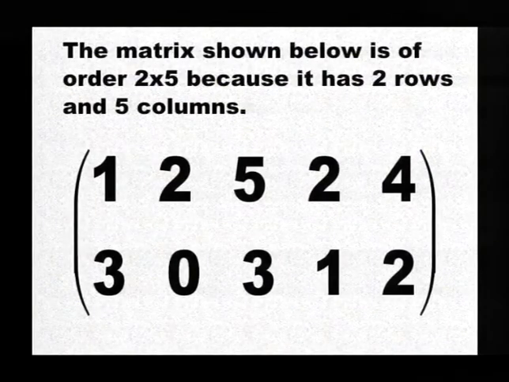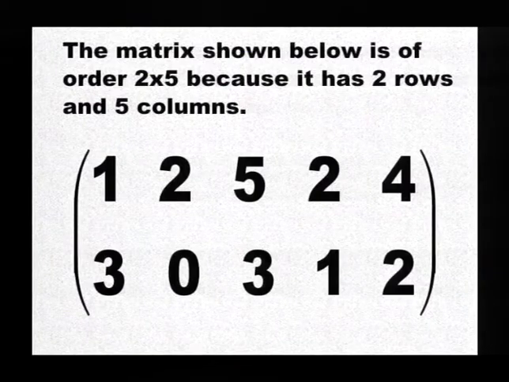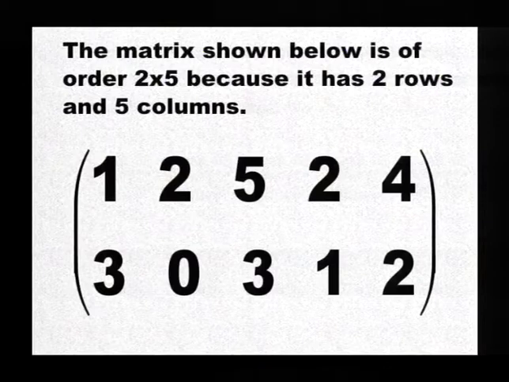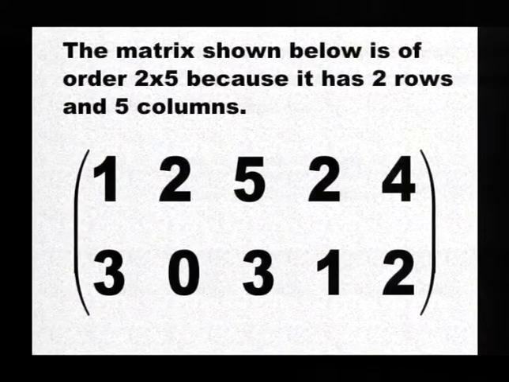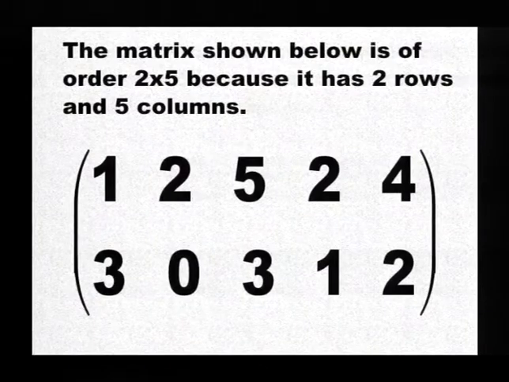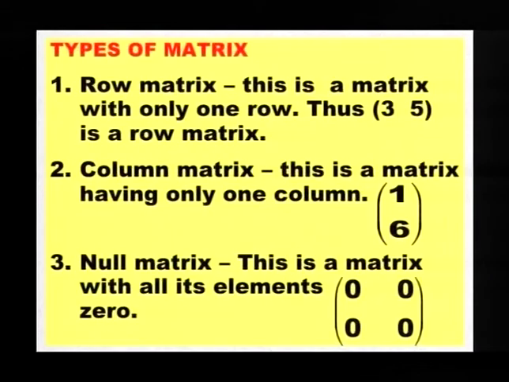A matrix that has 3 rows and 4 columns will be called a 3 by 4 matrix. Clear?